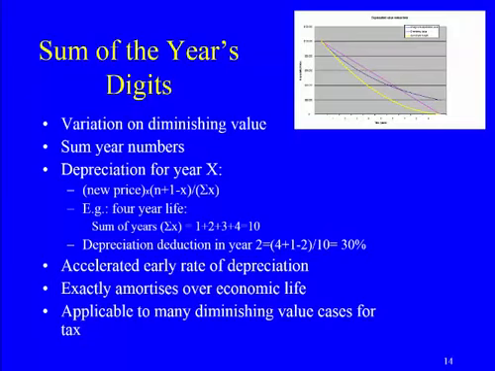As a result, the sum of the year's digits is attractive in many situations which for taxation purposes might use the diminishing value approach. However, the intention, and it's arguably the case, is that the asset has close enough to zero resale value or salvage value at the end of its economic life.